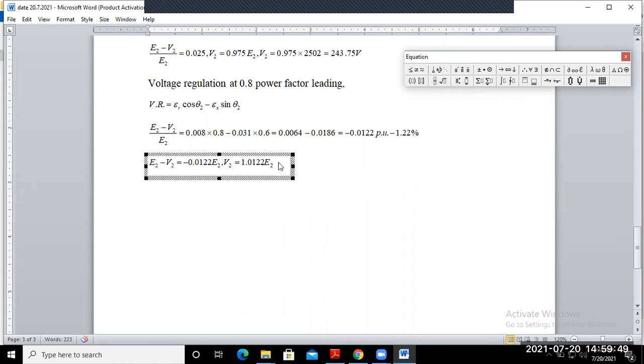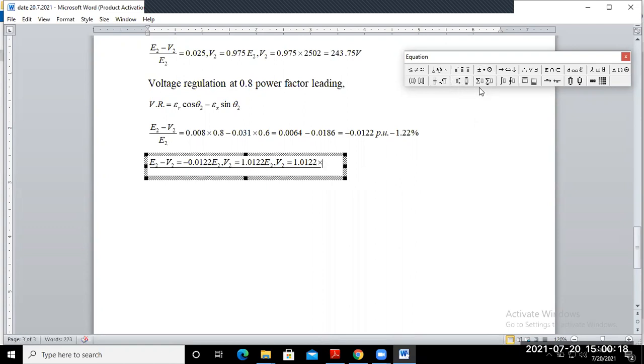Okay. So put here the value of E2 so that you will get the value of secondary terminal voltage. That means V2 equal to 1.0122 into 250 volt.